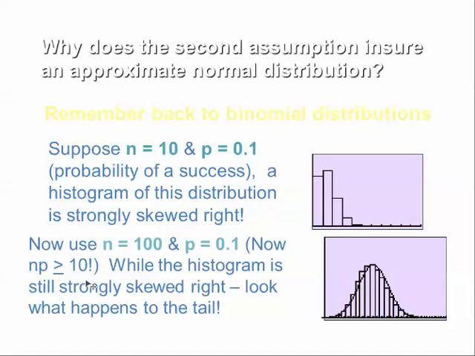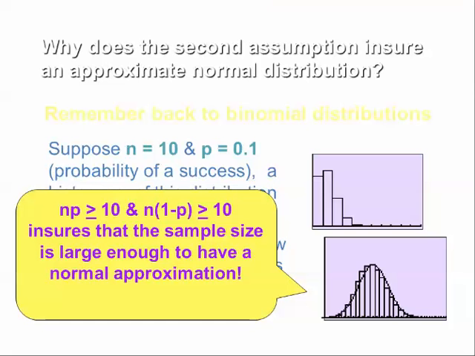Now you take n times p and you get 10. Well, this histogram is still skewed right. Look at what happens to the tail. It kind of all winds up being 0. But you can see it is a lot more normal in distribution. That's why we're looking at these types of distributions and why we say they have to be a certain size. Okay, move on.